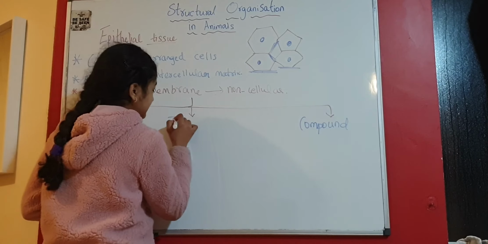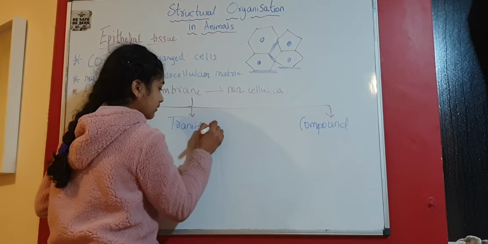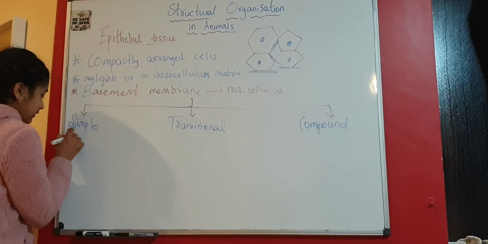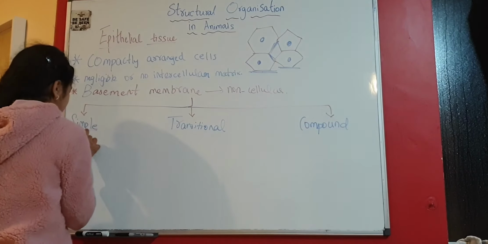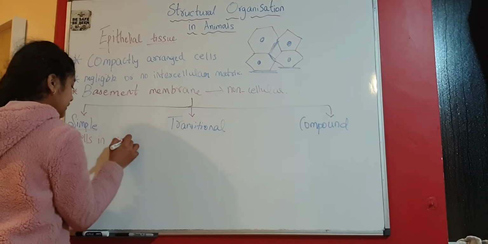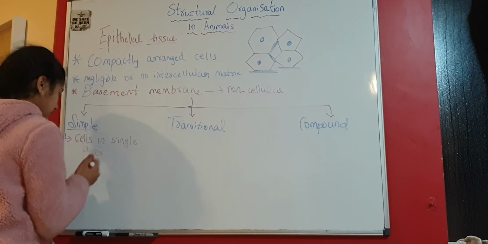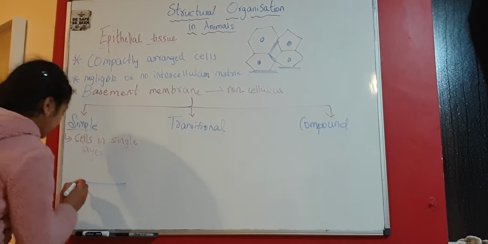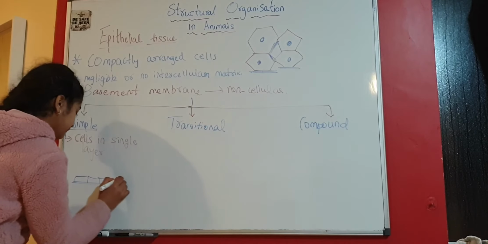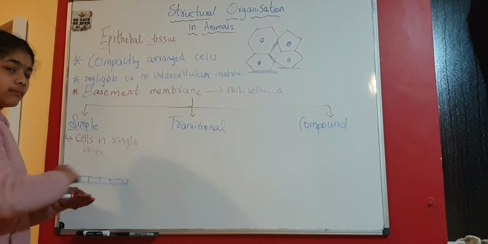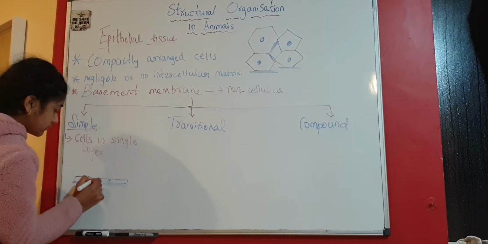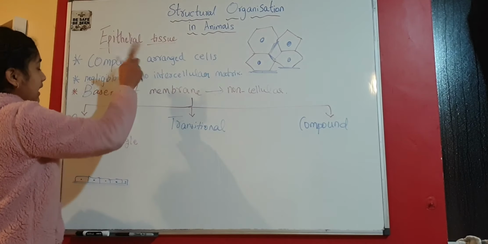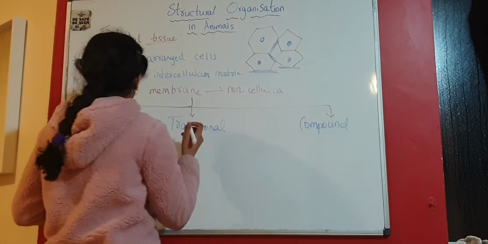And the third one is called transitional epithelial tissue. Simple epithelial tissue means the cells are arranged in a single layer, just arranged on a single basement membrane. So we have the nucleus here. This is simple epithelial tissue.